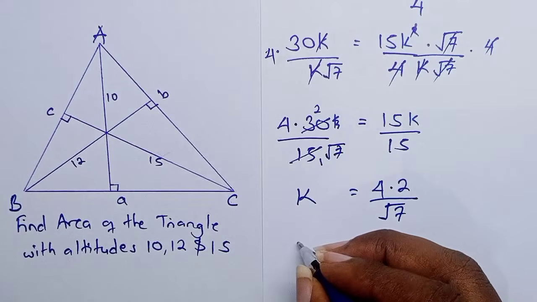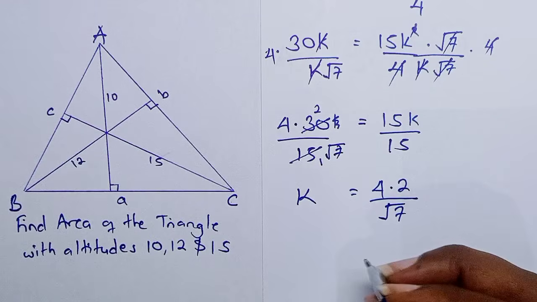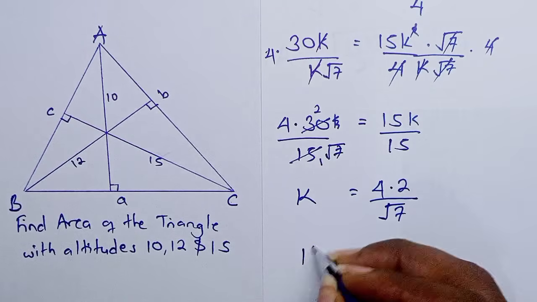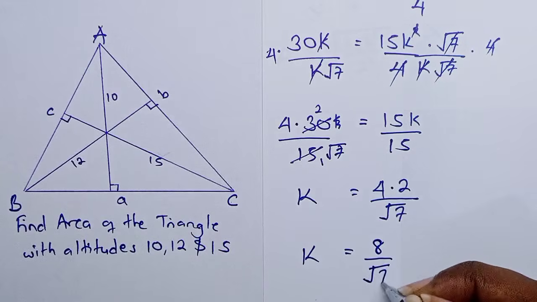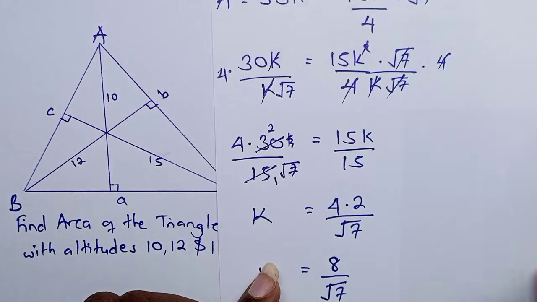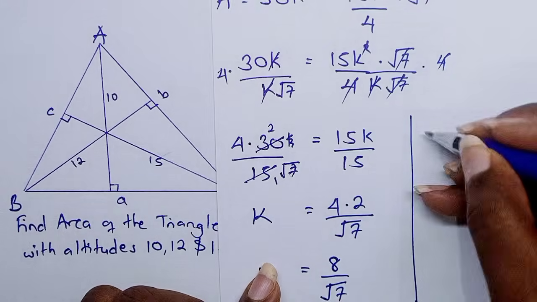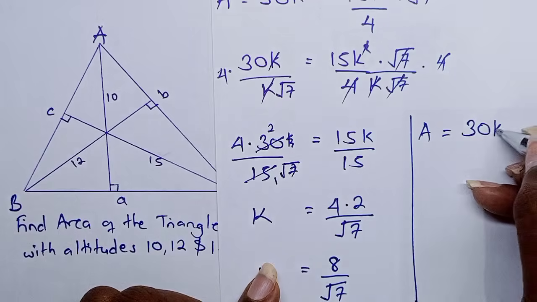Okay? So you must be careful so that you don't make mistakes. It's very easy to make a mistake. So therefore k would be equal to 4 times 2 is 8. So 8 over root 7. So this is the value of k. But remember, we want to find area. And area from equation 1 was equal to 30k.